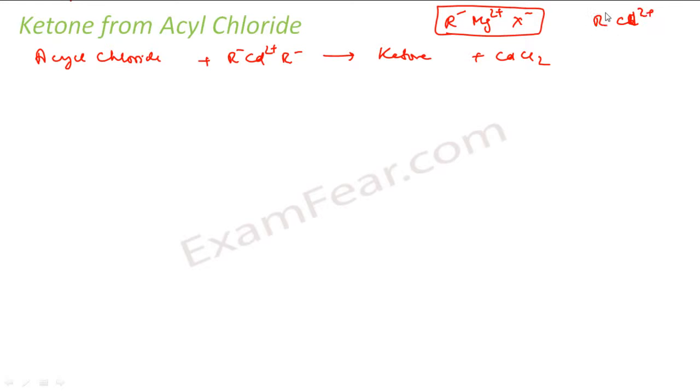plus. Here you have R minus, here you have R minus. Correct? But since in cadmium the shielding effect is less, this is tightly held, so this is less reactive, and this is more reactive.